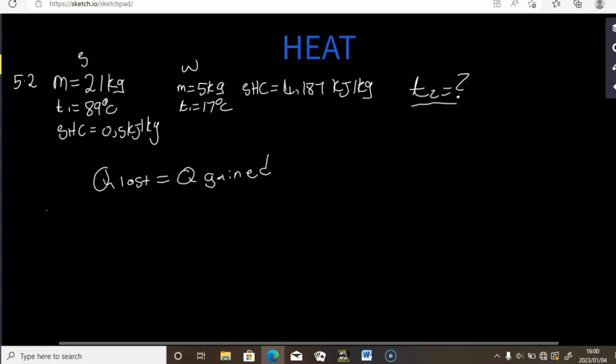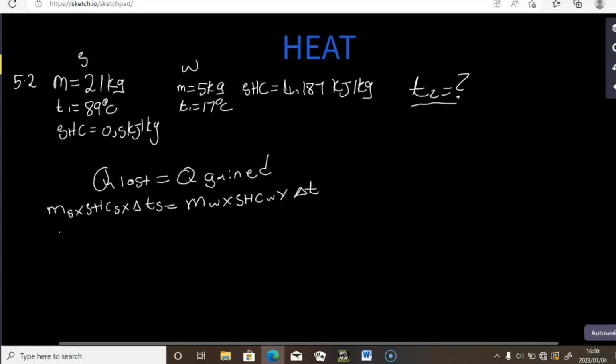And that will be the mass of steel times specific heat capacity of steel times temperature difference of steel is equal to the mass of water times specific heat capacity of water times temperature difference.